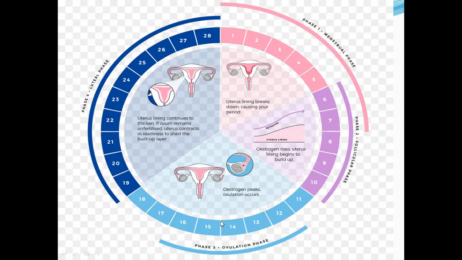Usually ovulation happens on day 14, but it can be day 13, 12, 15, 16. But in an average cycle of 28 days, it usually happens on day 14. On the 14th day, ovulation will happen and the ova will be released to the oviduct.